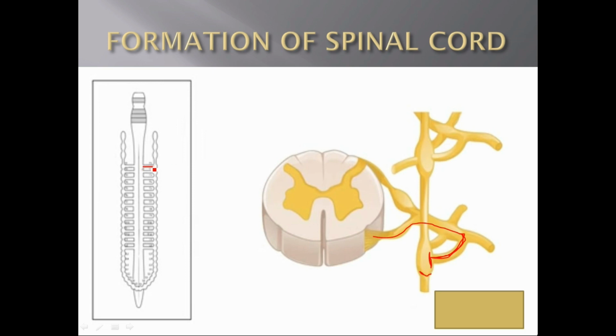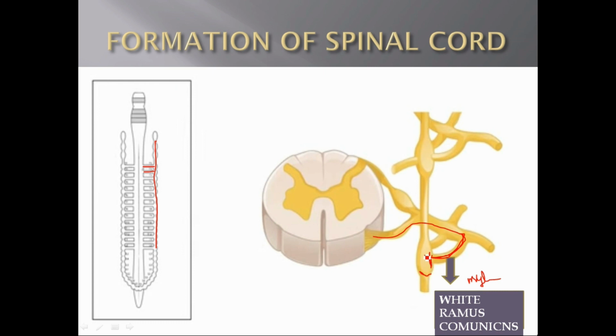Here we see the preganglionic sympathetic fibers, and they are entering into the cell bodies of the sympathetic chains. These enter into these ganglia through the white ramus communicans. It's called white because the axons of the preganglionic sympathetic fibers are always myelinated.